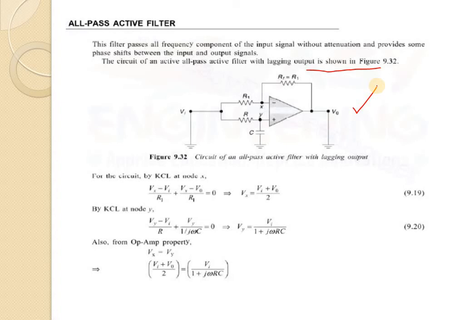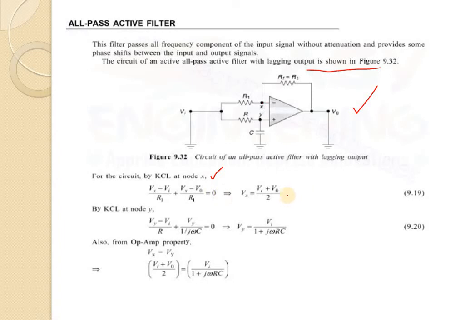So for this circuit, applying KCL at node X, we can write that (Vx minus Vi) divided by R1 plus (Vx minus V0) divided by R1 equals 0.